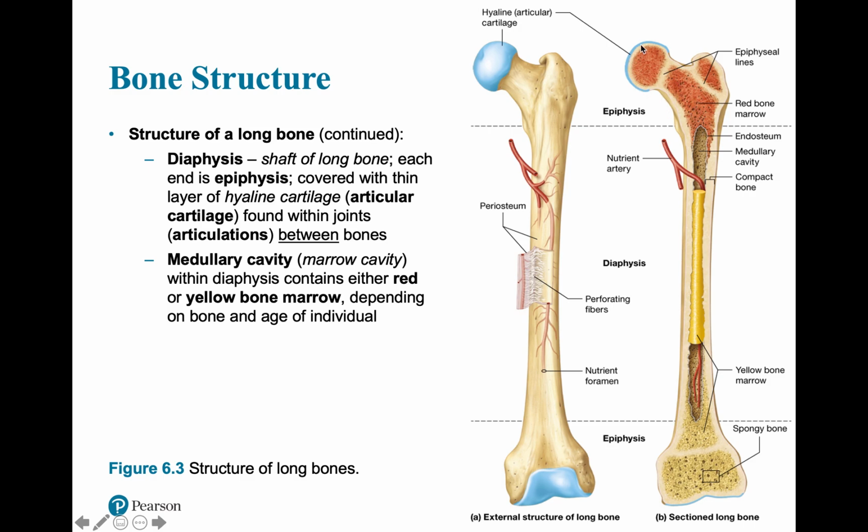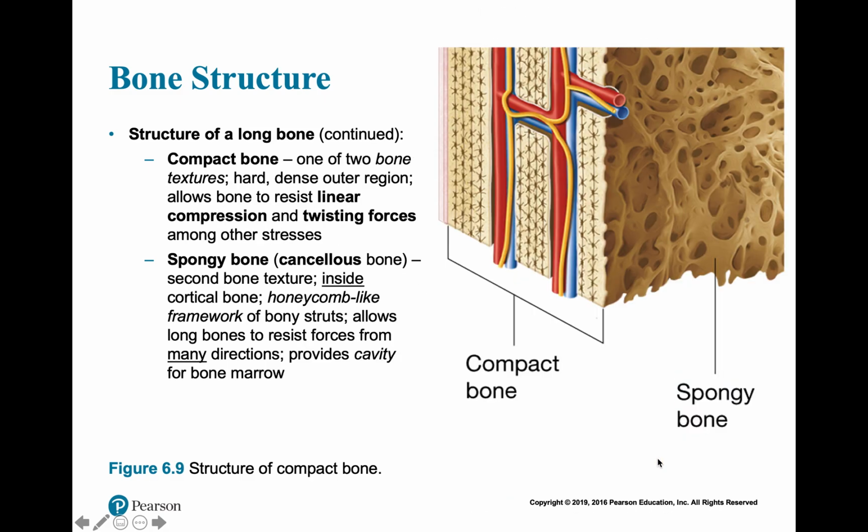So the outer periphery of the bone itself is composed of compact bone. And then in the middle, we see spongy bone. And spongy bone is very spongy in appearance. It contains lots of little cavities or holes. All right, and we'll talk about why.